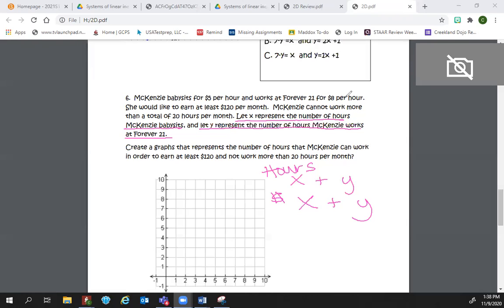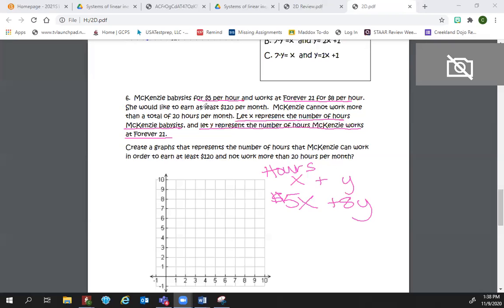No, doesn't say it. Do I know how much money she earns babysitting? Yes, $5. So I put 5 next to X or Y? X. Do I know how much she makes at Forever 21? $8. Yes.